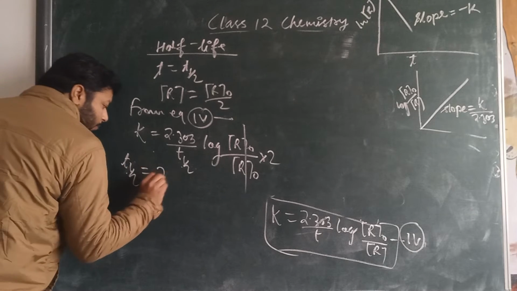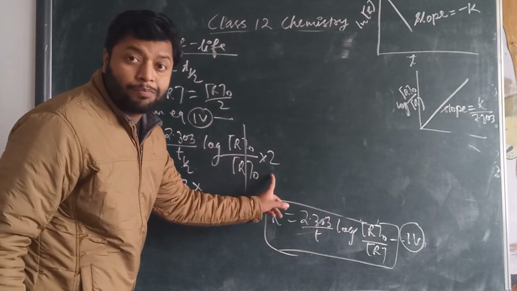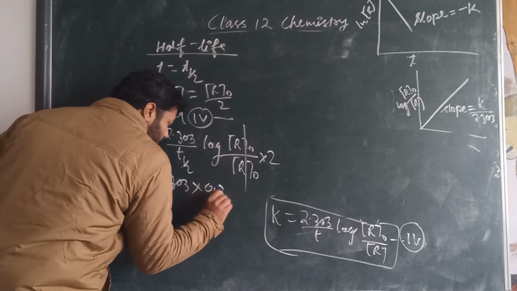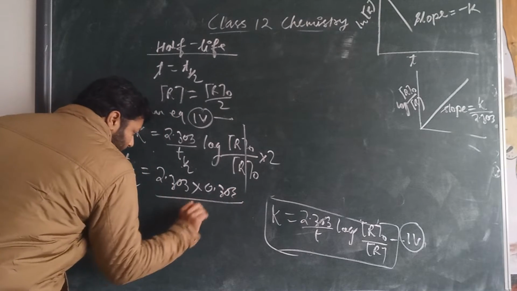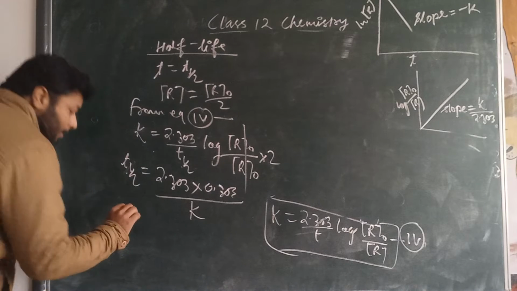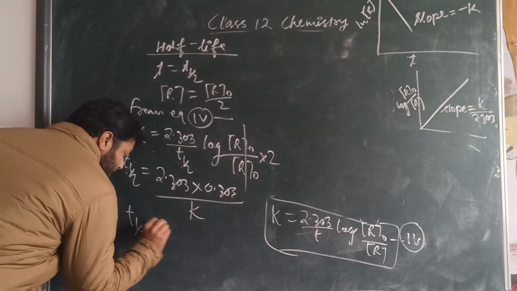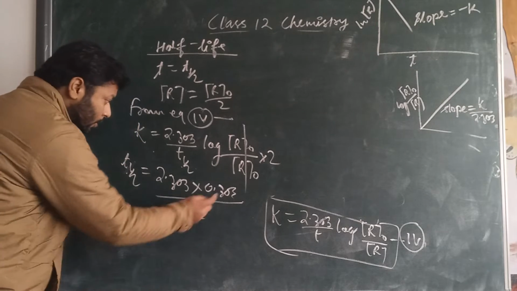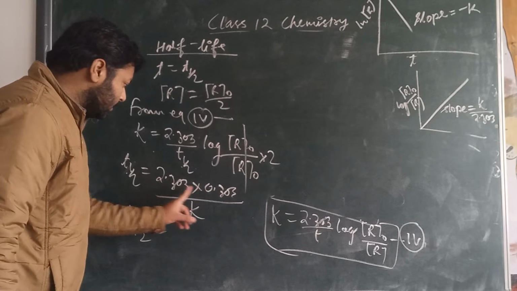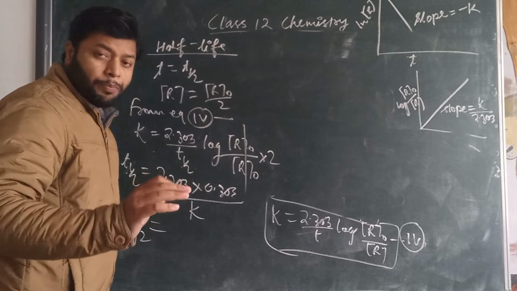So t half will be 2.303 into the value of log 2, which is 0.303, upon k. On calculating, this will become t half equal to, I think 2 3s are 6 and 3 3s are 9, some 0.609 something.